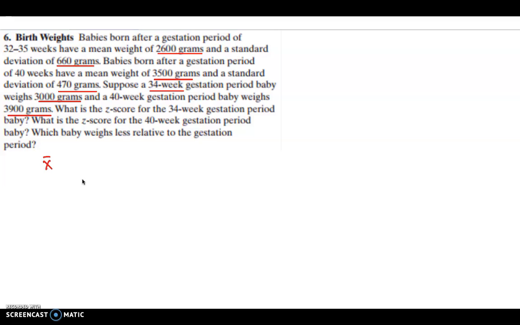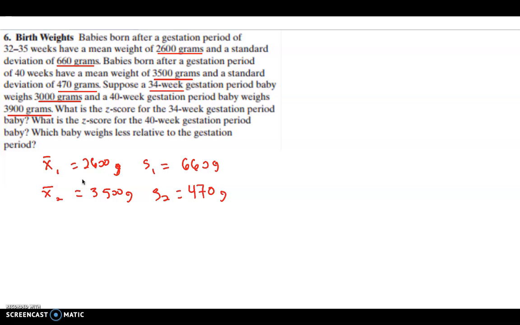I'll just say the mean for the first one was 2,600 grams, and the first standard deviation, s1, was 660. For the second group, the mean was 3,500 grams, and the standard deviation was 470 grams.